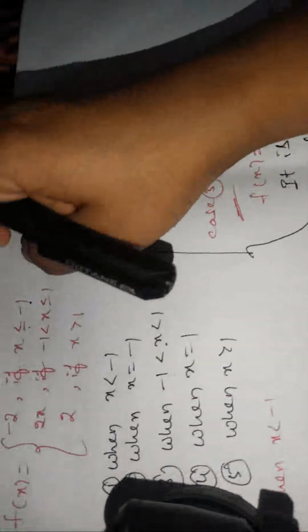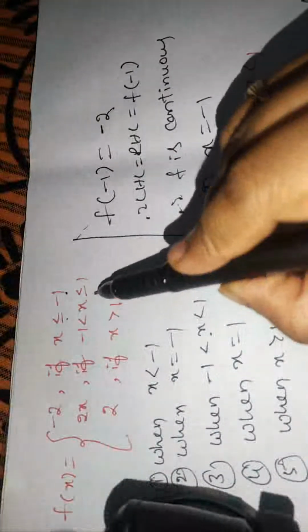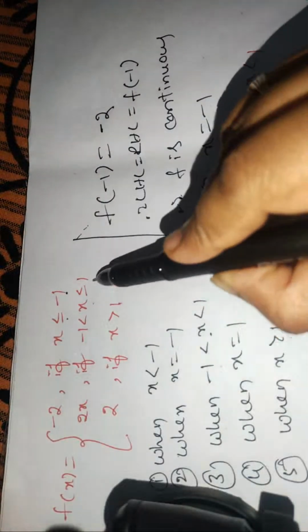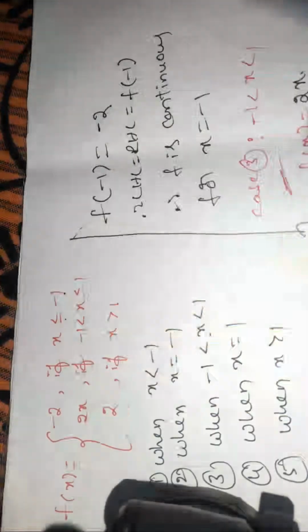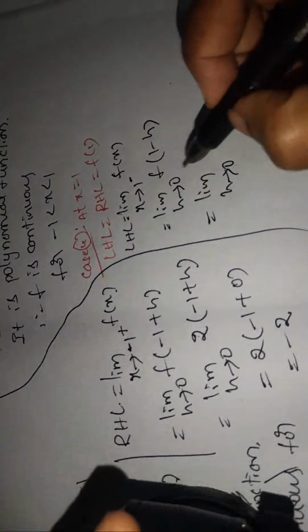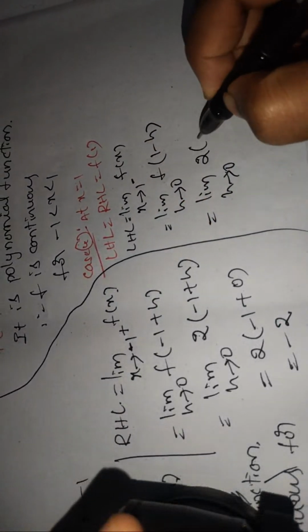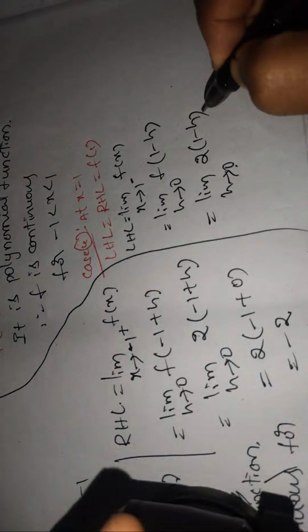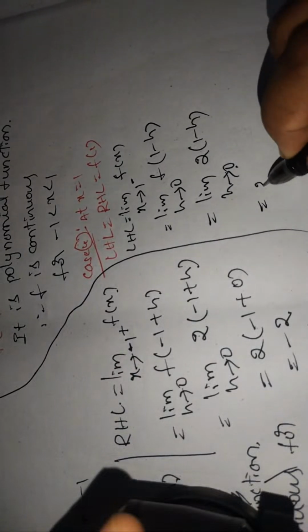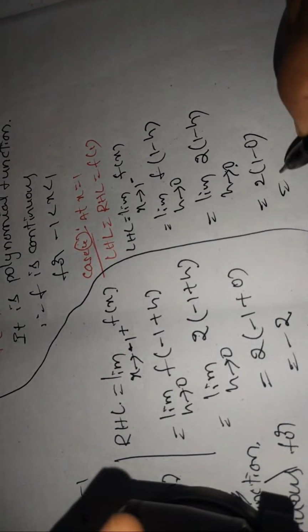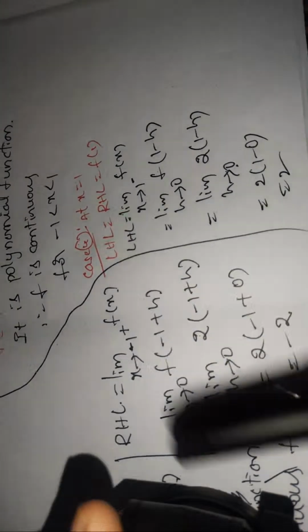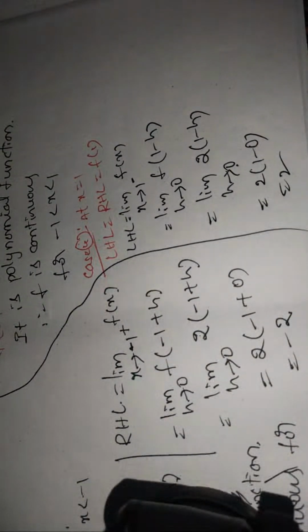When x is less than 1, here we have the function 2x. Here 2x means 2 times 1 minus h. Now write 0 in the h place. 2 into 1 minus 0, that is 2. LHL I got 2.